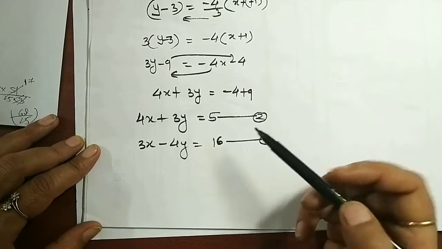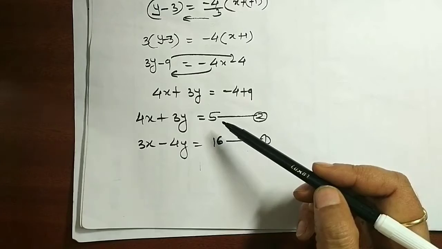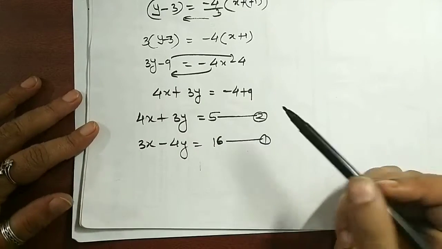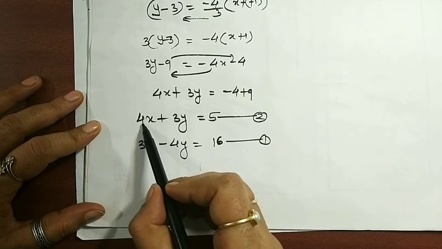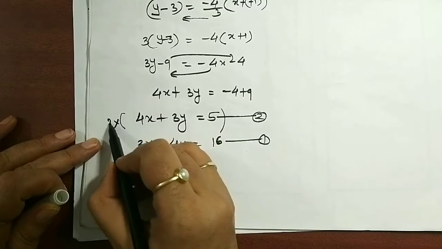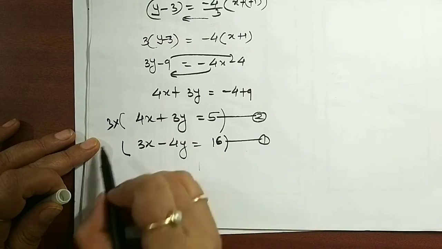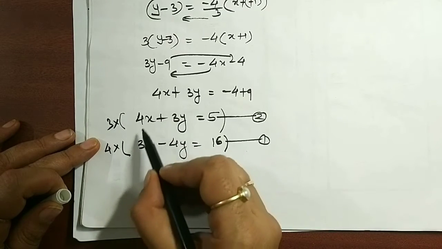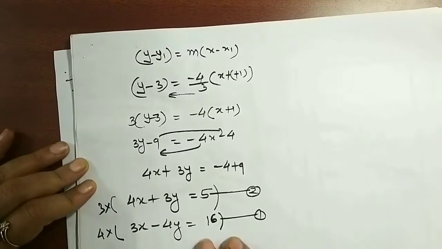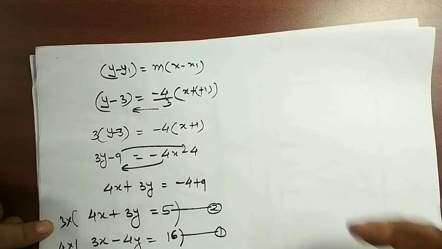Okay, in order to solve it, I am going to use the elimination method. So this coefficient is 4 and this is 3. So let me multiply this by 3, and this I can multiply by 4 so that I can make the same coefficients and then subtract. So let me write down here.